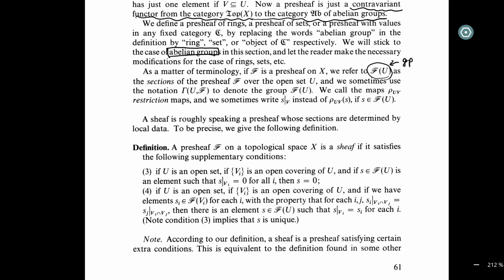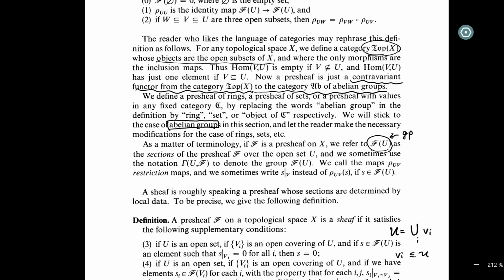A pre-sheaf F on a topological space X is a sheaf if it satisfies the following supplementary conditions. First, if you have an open covering and a section on a big open set U, so U is the union of the V_i, then by the definition of a pre-sheaf, since each V_i is contained in U, we have a morphism.